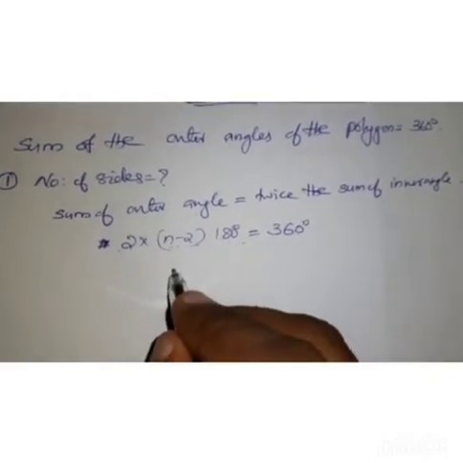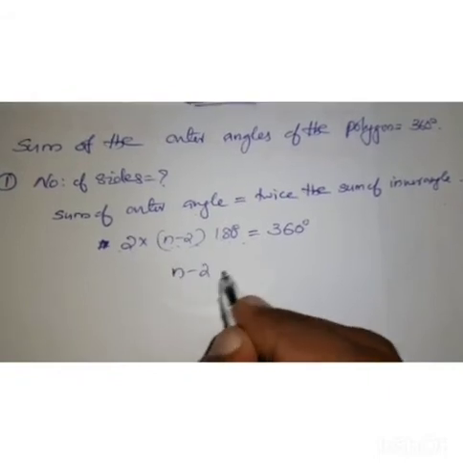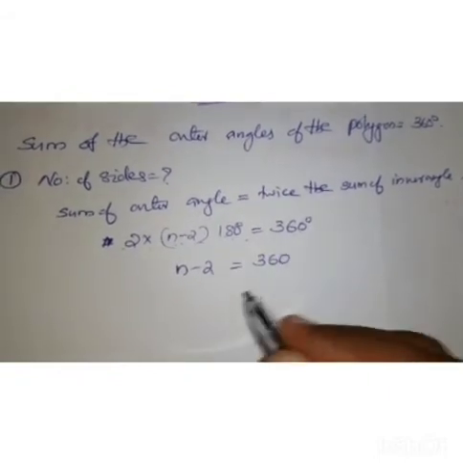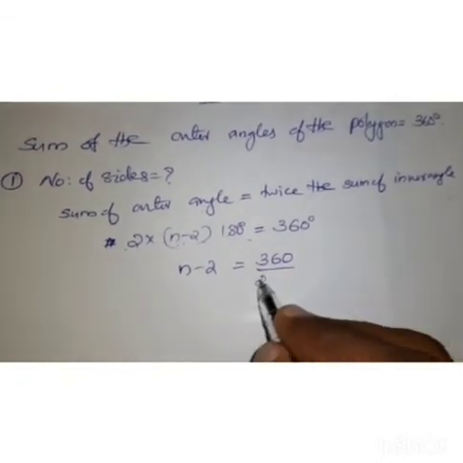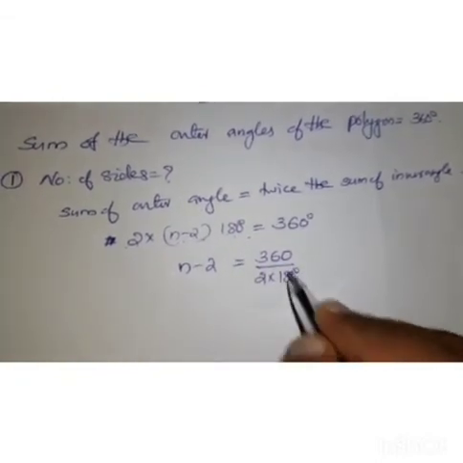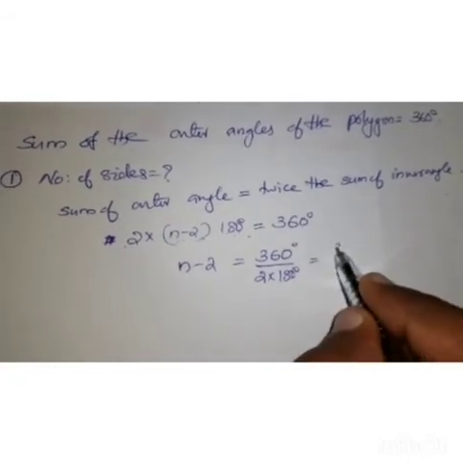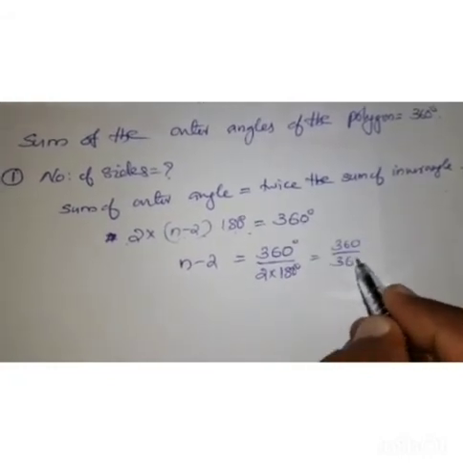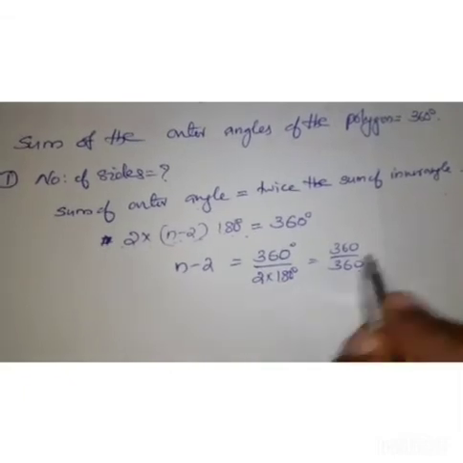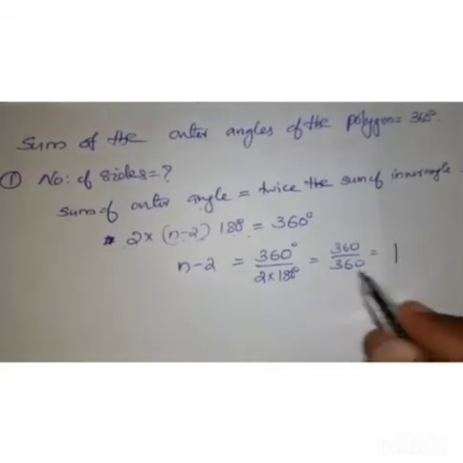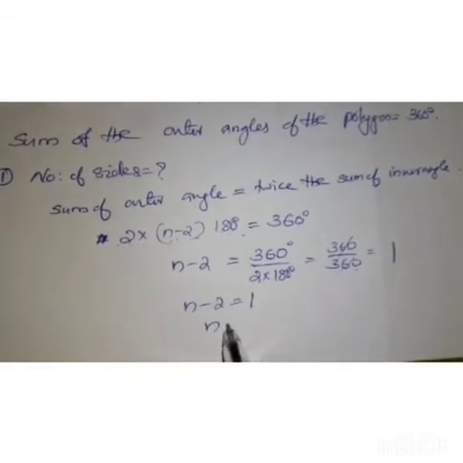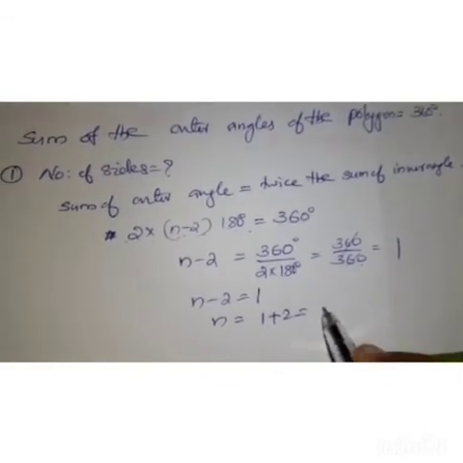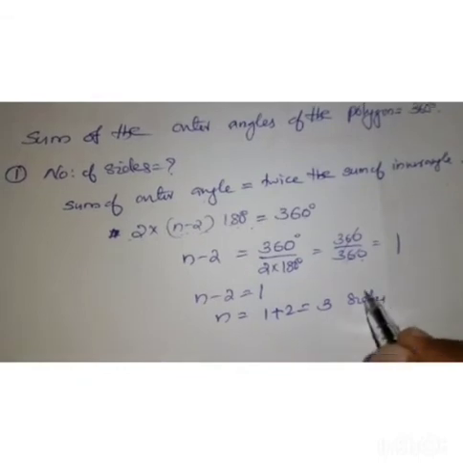So n minus 2 is equal to 360 divided by 2 into 180, so 360 by 360. How much will you get? 1. It's cancelled. So n minus 2 is equal to 1. What is n? 1 plus 2, it is 3 sides.